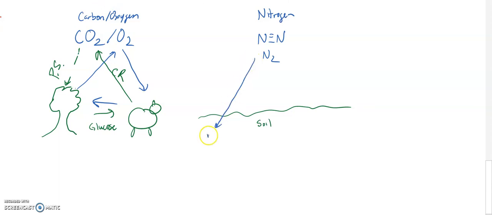So nitrogen gets in by microbes, which are actually mostly nitrogen fixing bacteria. So remember, fixation means to turn a gas into a solid. Over here, we had carbon fixation.